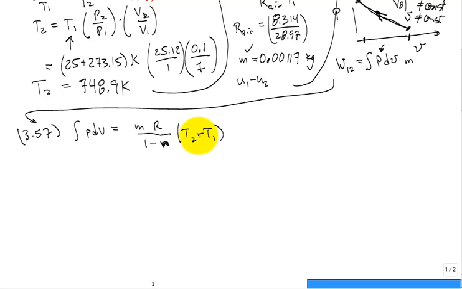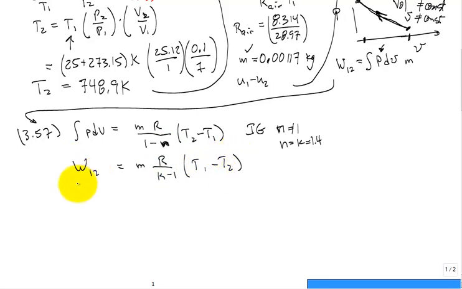Okay, that's for an ideal gas with n not equal to 1. Well, in this case, n is equal to k, which is 1.4. So if we want to manipulate this equation, we'll put our mass, our R, and instead of 1 minus k, we'll put k minus 1, and then we'll switch from T1 to T2. And so that's our work, 1 to 2.